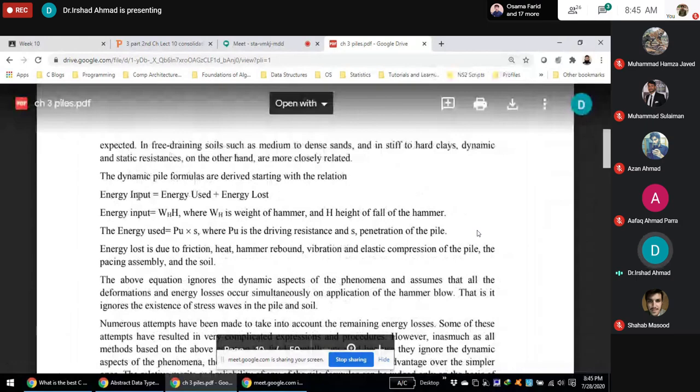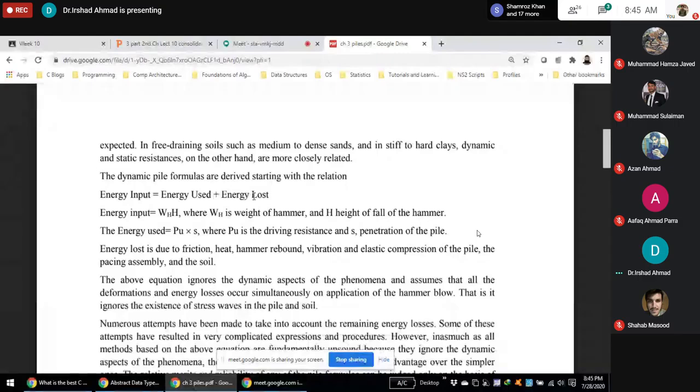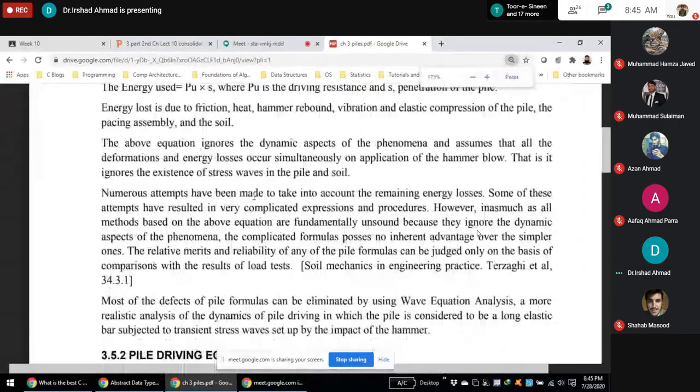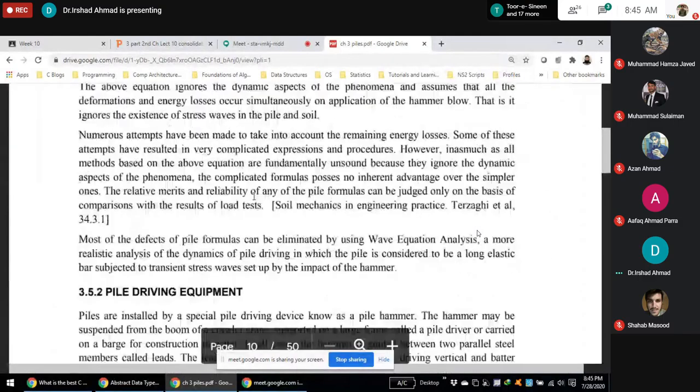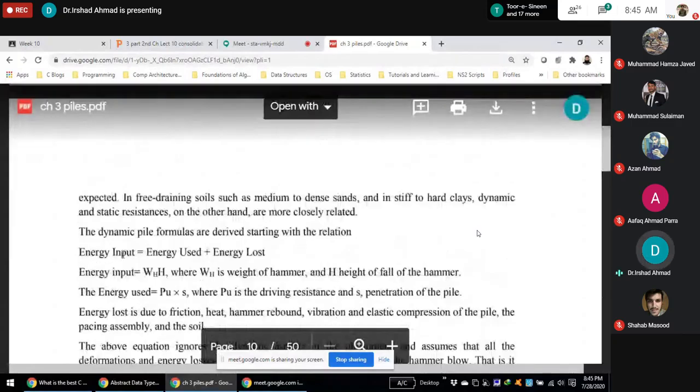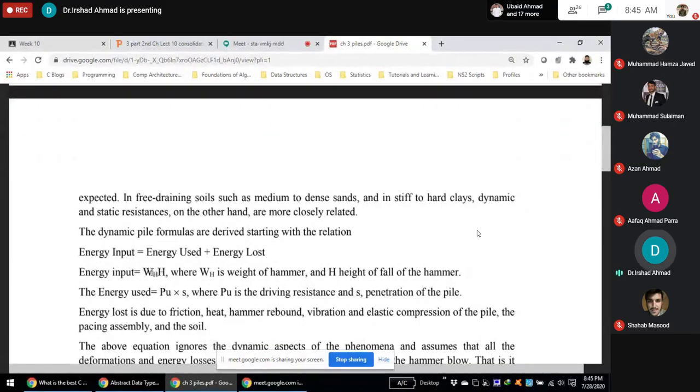So energy input would be equal to energy used plus energy lost. Energy input is equal to weight into h, weight of hammer into free fall.